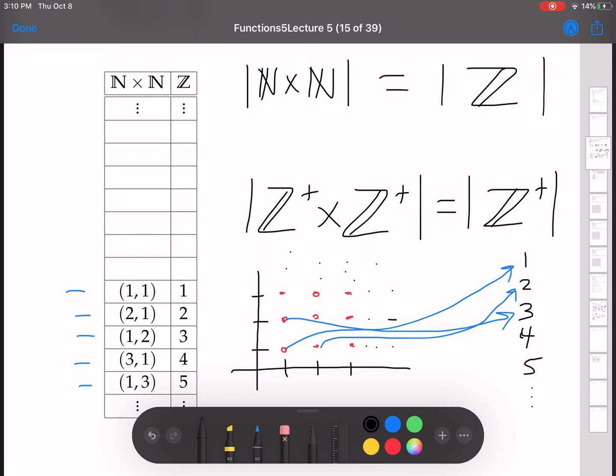All right, now I could do this formally, but that's not the point I'm trying to show you right here. What I'm trying to show you is that with these types of infinities, and we'll see later that there are different types, it's all about filling out the table. Can you fill out a table? Okay.